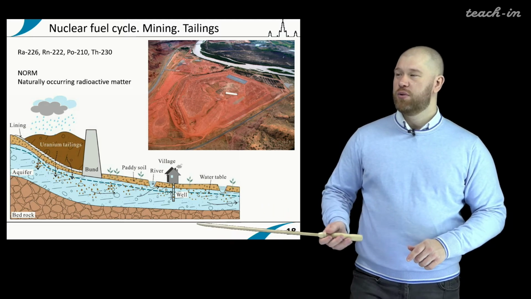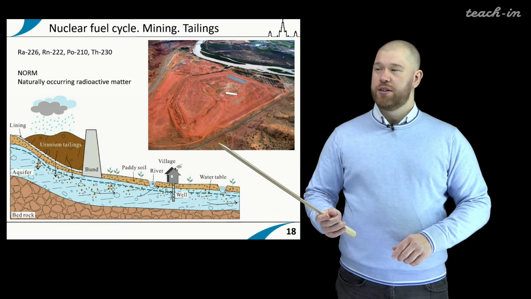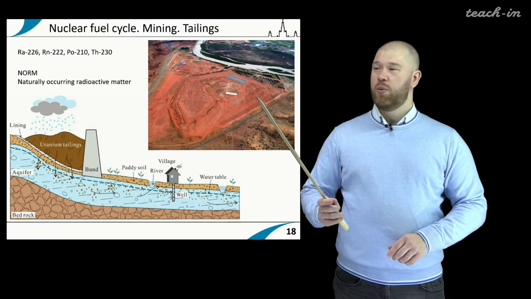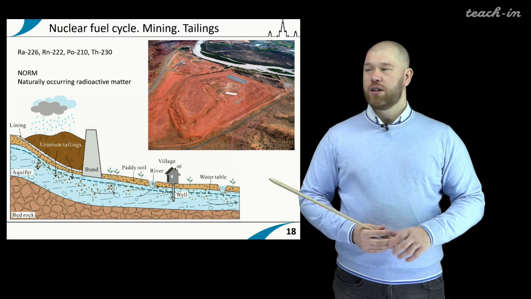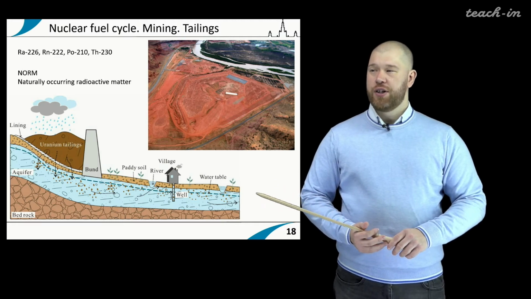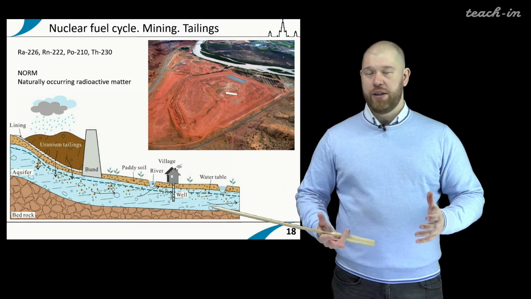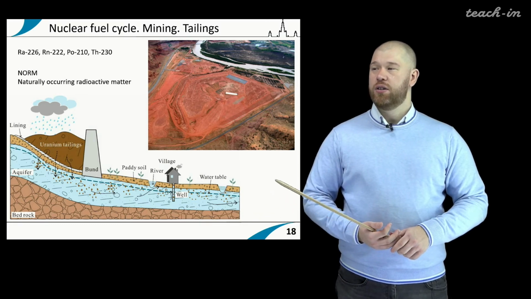Of course, there was some lining, some dams, but still there is quite a high content of concentrated natural radionuclides, and when they are concentrated, they are hazardous for people.